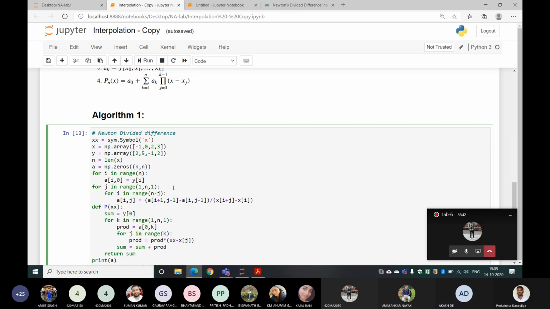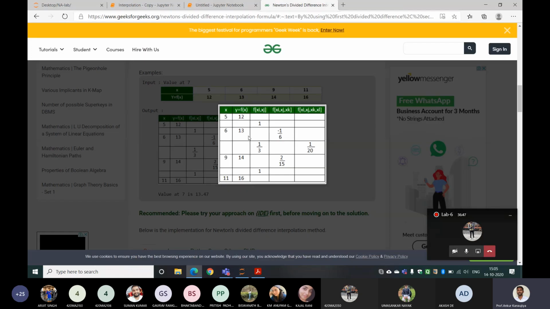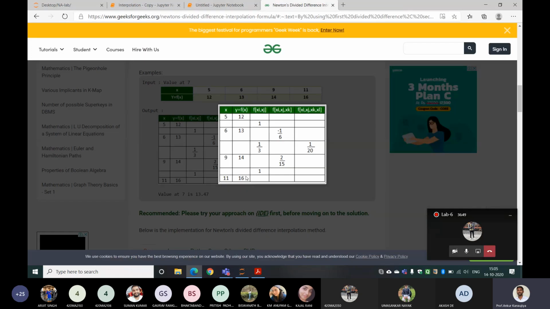Yes, sir. Now come to the row. Every time you move to the next column, one row is reduced. Suppose here there are 4 rows, then it becomes 3, then 2 rows, and then 1 row. Every time the row is reducing.